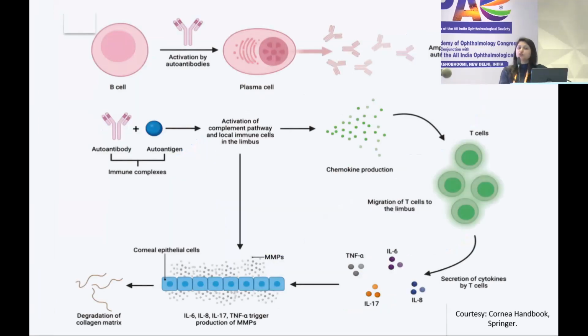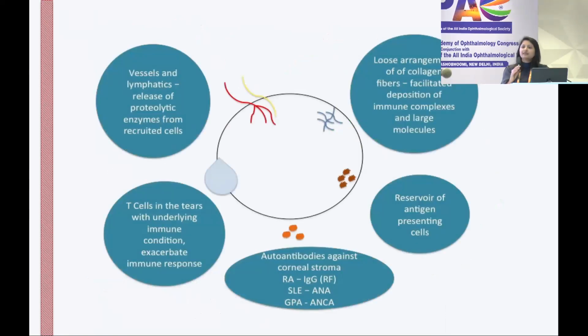When the immune complexes get accumulated, they activate the complement through both the classical and the alternate pathways. The complement activation leads to release of cytokines, which activate the MMPs, which in turn leads to the dissolution or melting of the cornea in the periphery. So the points that lead to just the peripheral part being involved in peripheral ulcerative keratitis are the presence of vessels and lymphatics only in the periphery, the looser arrangement of stromal lamellae and the higher thickness.